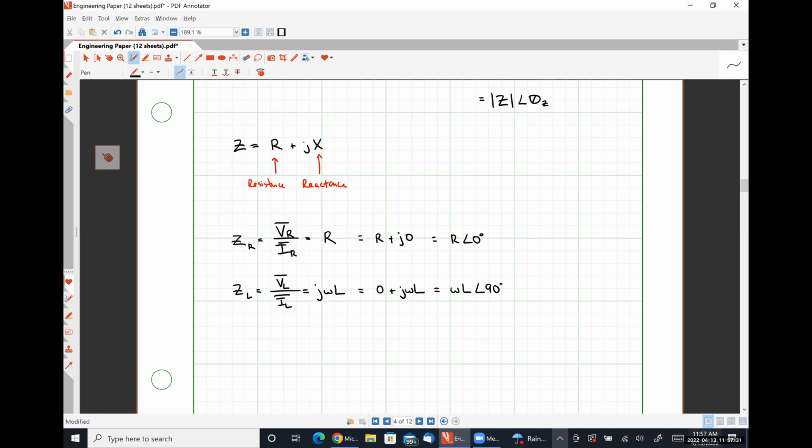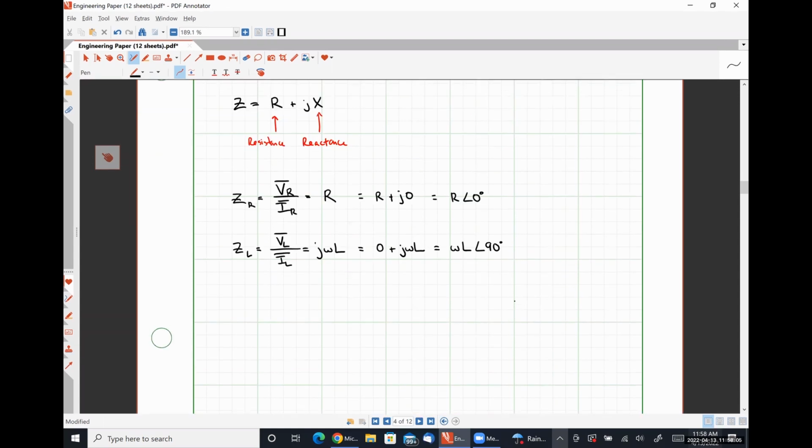So for a real inductor, we would likely see that the reactance has a much larger magnitude than the resistance. So this would be non-zero but small. This portion right here would be some finite value, and our phase angle would likely be slightly less than 90 degrees, somewhere in the ballpark of 88 or higher. Okay, so not quite 90, but very, very close.